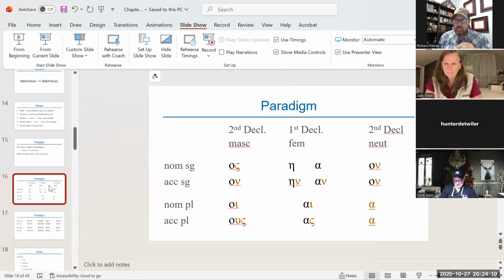I learned that it was an omicron sigma. So either of those work until they don't, because there's some words that don't have a stem that ends with an omicron. But if we were dealing with the word logos, which is a masculine word, the nominative singular is logos. The accusative singular is logon. The nominative plural is logoi, and the accusative plural is logus.